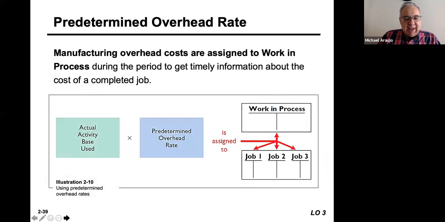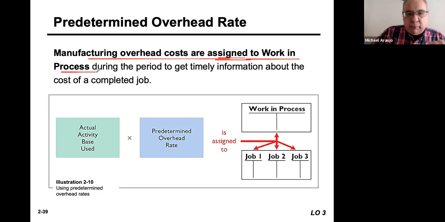So let's take one more look at this before we actually calculate this thing. Manufacturing overhead costs need also to be assigned to work in process, just like the raw materials were, just like direct labor was. We have to do the same thing for manufacturing overhead. So this is how we do it.